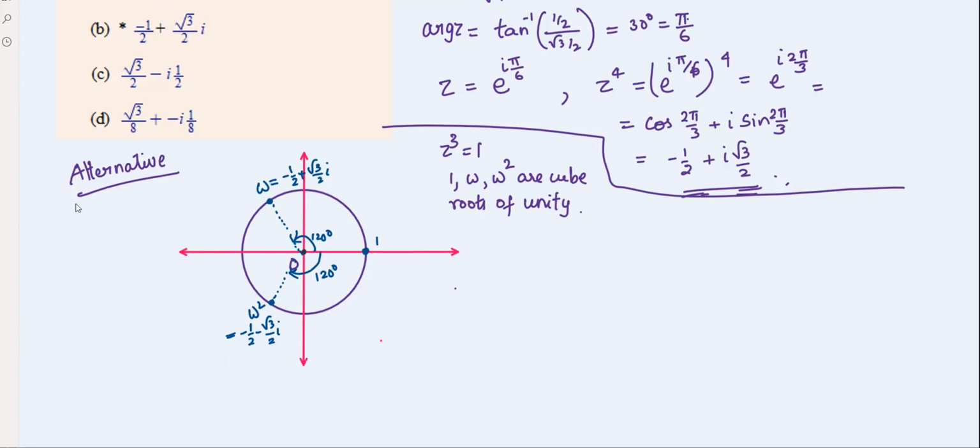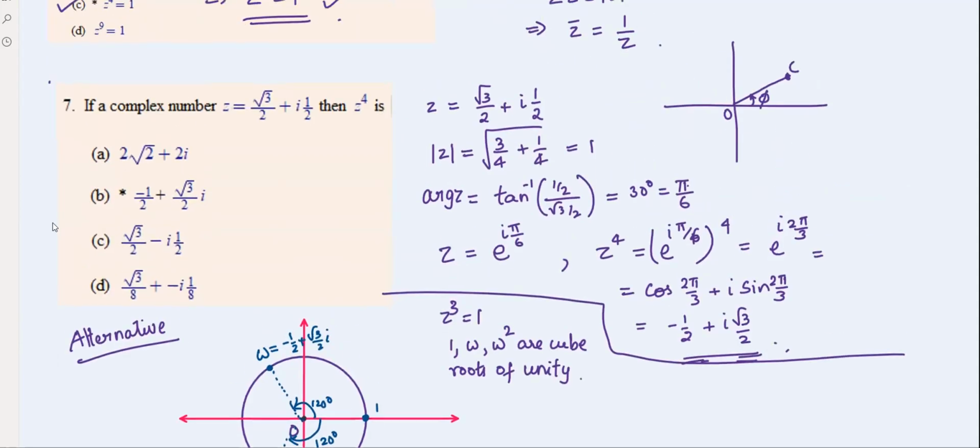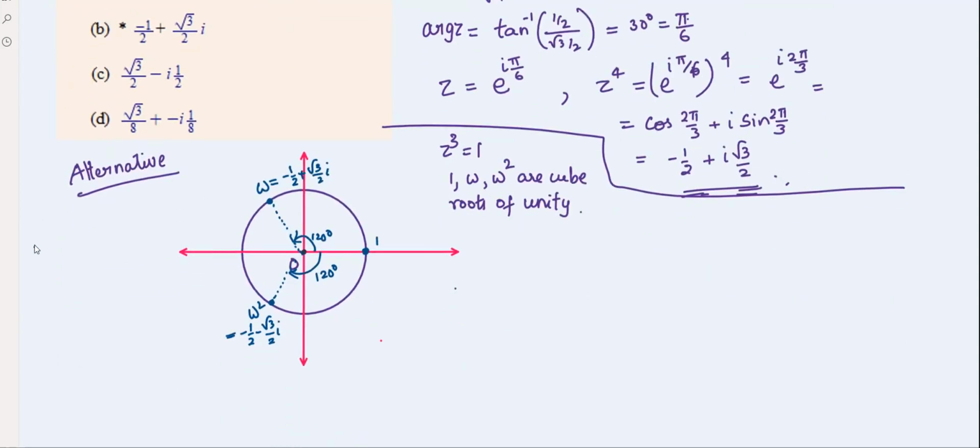Now what is given to us is z is root 3 upon 2 plus I times half.